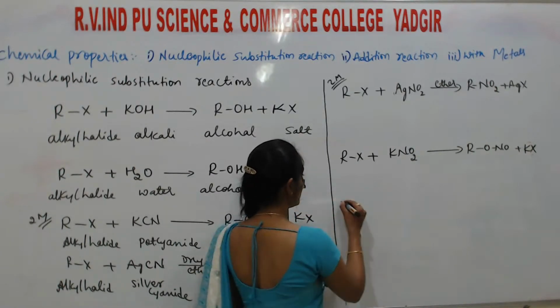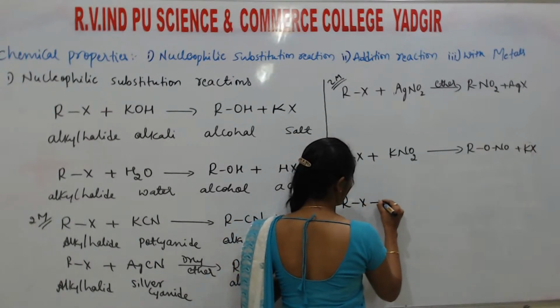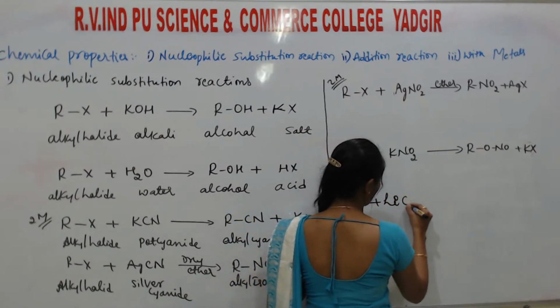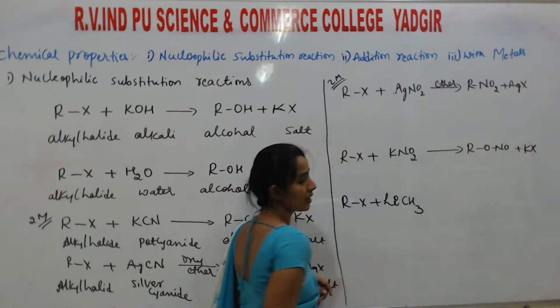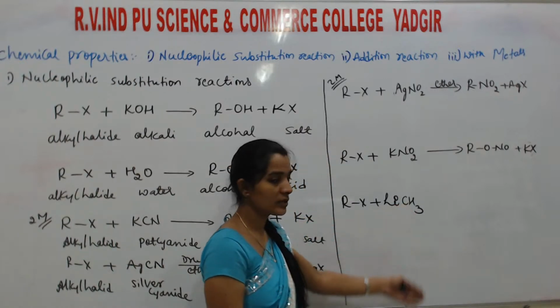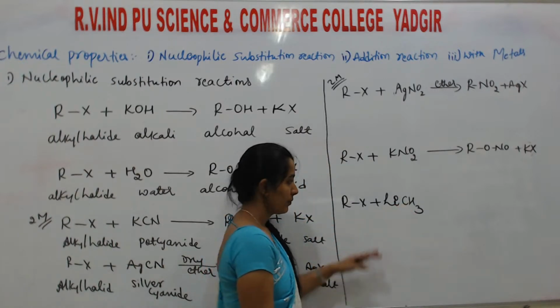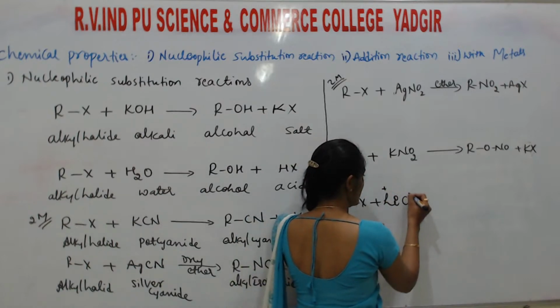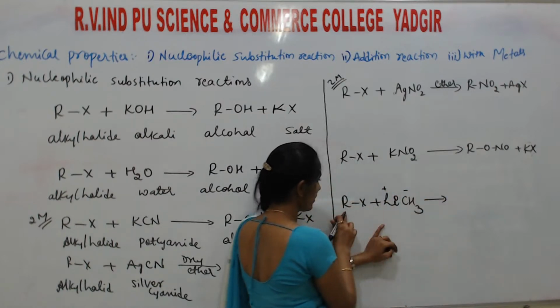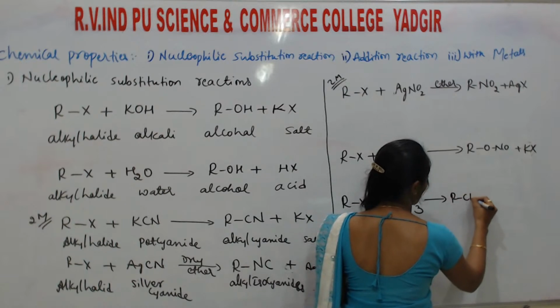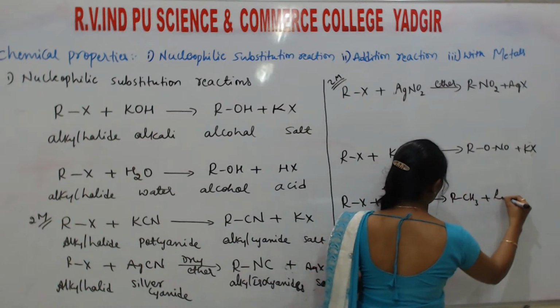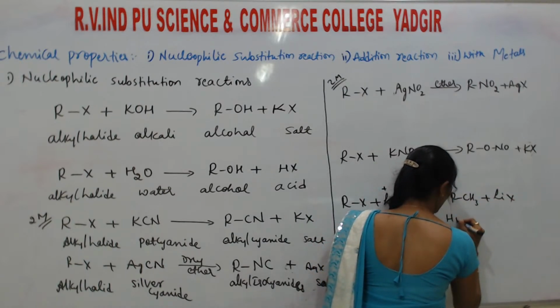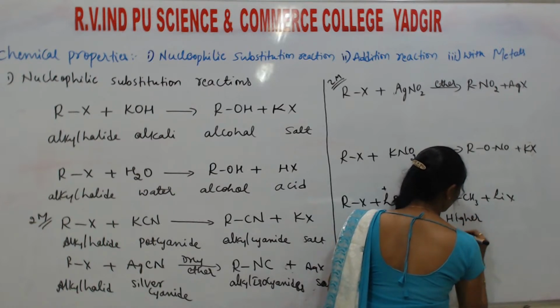Understand? So another one is RX when it is treated with this type of compound. Which one is plus, which one is minus here? This lithium is plus, this is minus, so it easily forms RCH3 compounds plus LiX. This is haloalkanes.